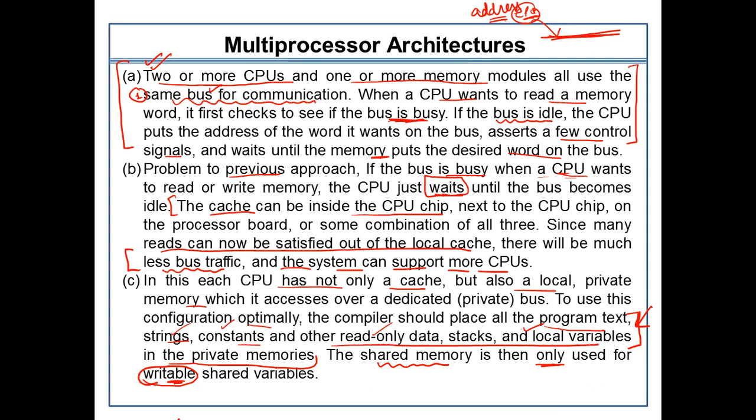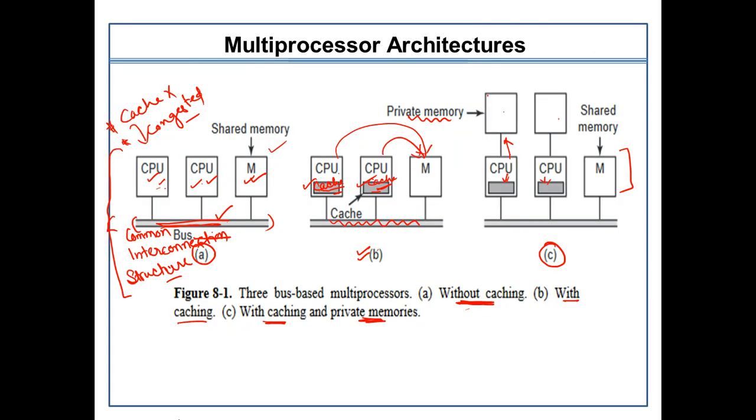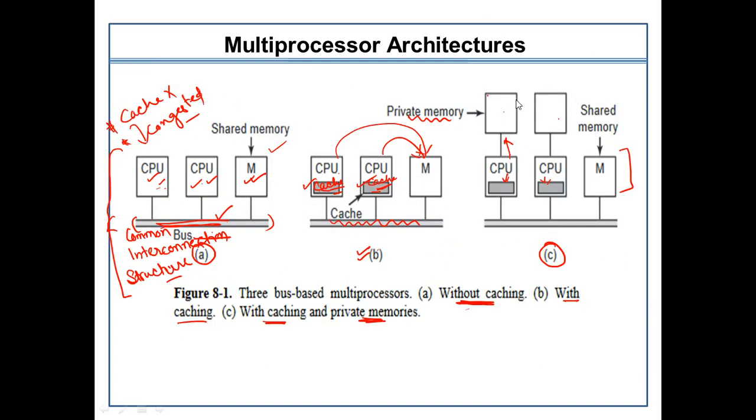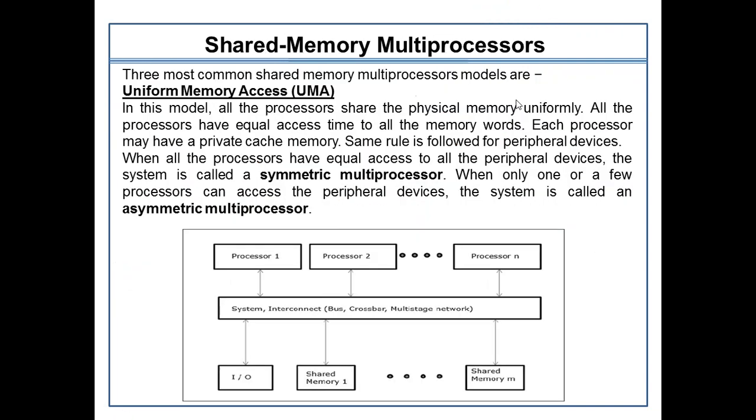So these are the three broad categories of multiprocessor architectures. Now, as I am saying, the memory is shared among all the multiprocessors. So based upon these shared memory multiprocessors, we have three categories of multiprocessor systems. Let's now have a detailed idea about these multiprocessor systems.